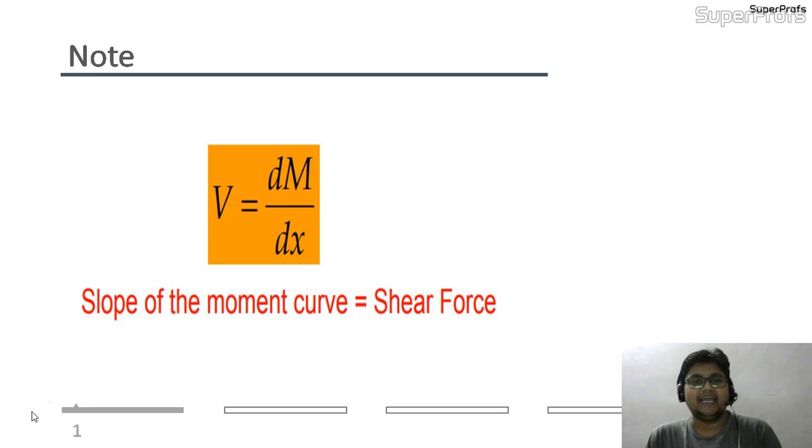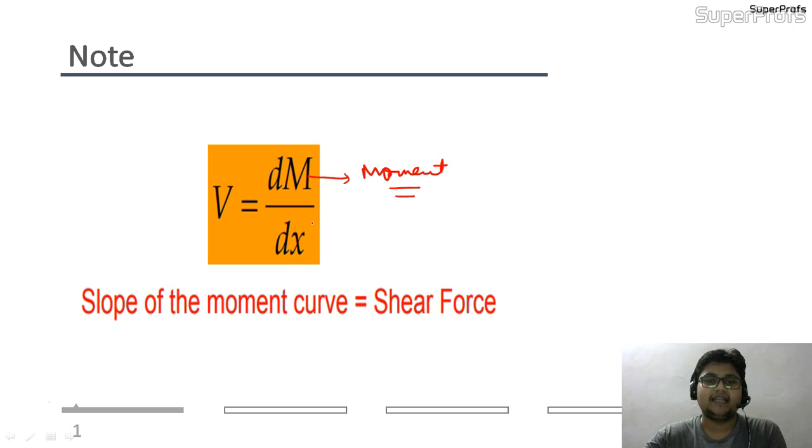Now, moving on to the next relationship: the slope of the bending moment diagram, dM by dx. This M is moment and dx is the elementary length. Whenever you have a particular bending moment diagram, if you find the slope from that diagram, then you will get the shear force.